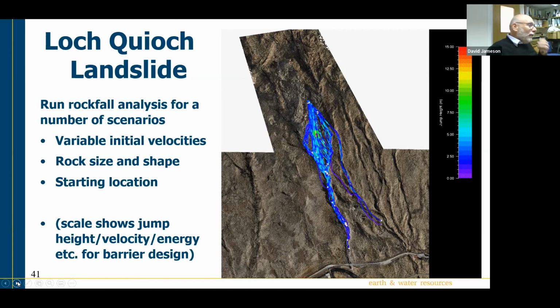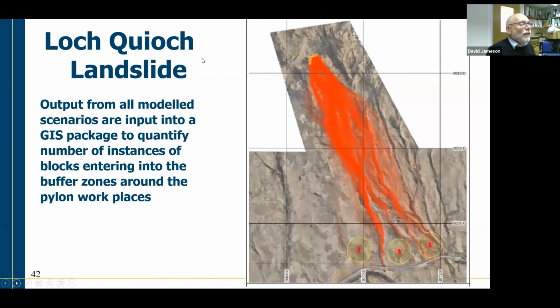So we did a number of these analyses to see where the rockfall might develop. And once you put them all together, then you can use some GIS type software to look at the number of incidents within the danger zones or buffer zones in and around the temporary pylons, like we did here.